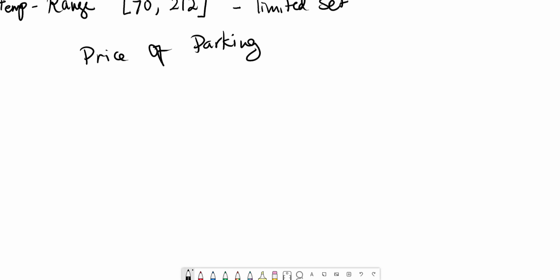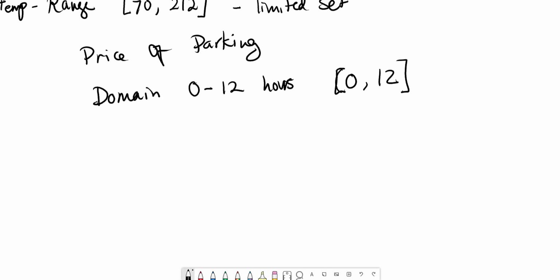So we can have our domain, let's say, from 0 to, say, 12 hours, okay? And any fraction of that, right? We can stay 15 minutes, we can stay 2.5 hours. So our domain is from 0 time to 12 hours included.